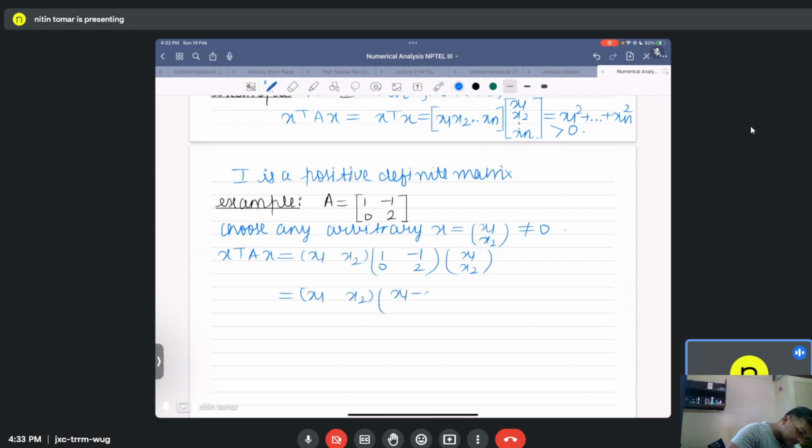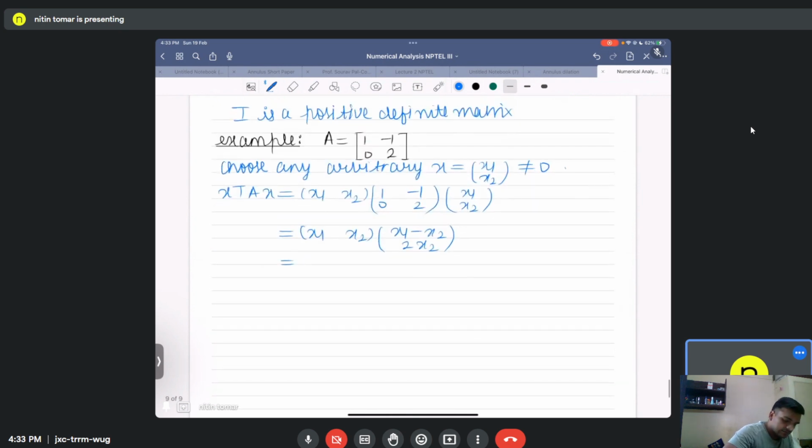It will be x1 minus x2, then 2x2, correct? Now it will be x1 square minus x1 x2 plus 2x2 square. Now you tell me.